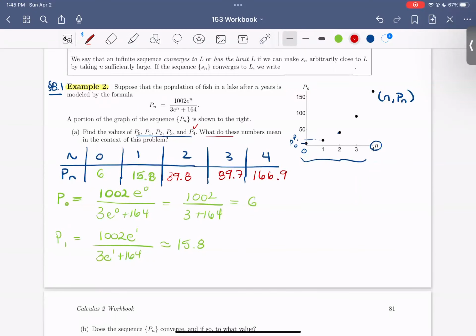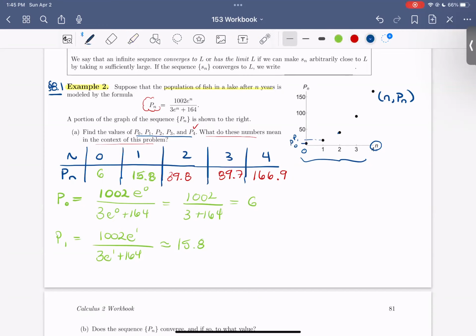That takes care of these first P0 through P4 values. But now what about the second part? What do these numbers mean in the context of this problem? What we are computing are these P sub n's, which we are told are the population of fish in the lake after n years.